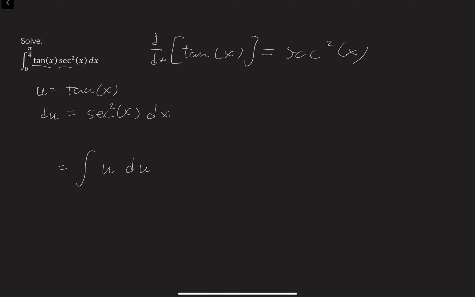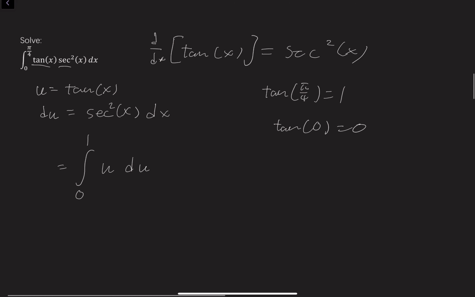And don't forget we have to change our limits according to the u function. So the upper limit is tangent of pi over 4, which is equal to 1. And the lower limit is tangent of 0, which is equal to 0. So now this whole integral becomes from 0 to 1 of u du.